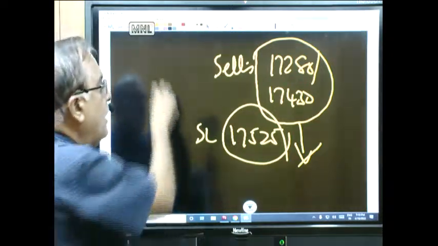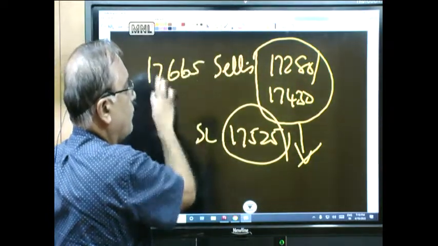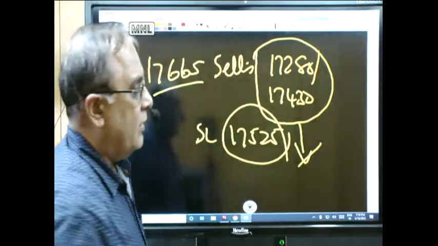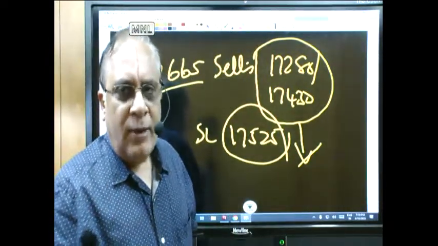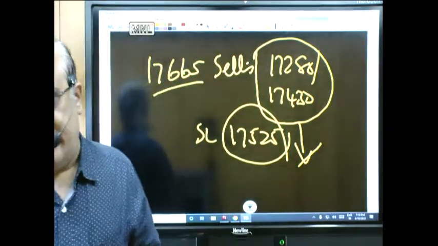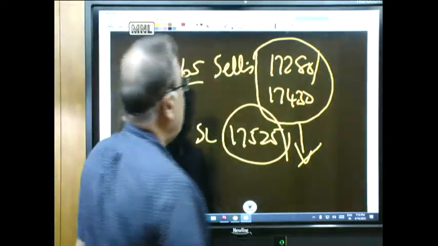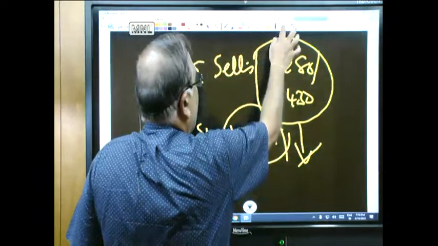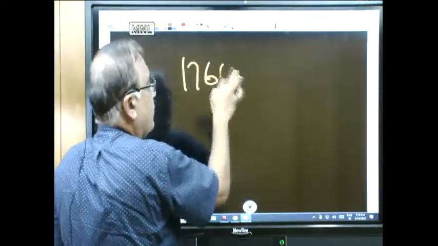Now you have already got 17,665, right? The same Fibonacci number, which is 610, has come. So the next number is 610 plus 377, which is 987. So 987 is the next Fibonacci number. So where all can it go for support from 17,665?